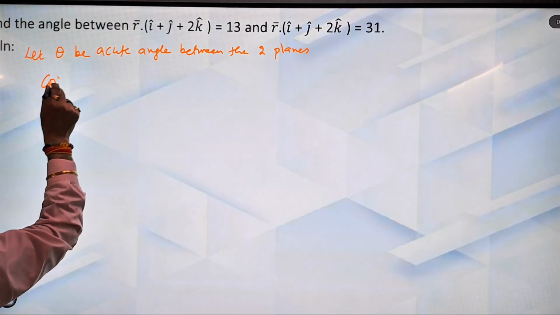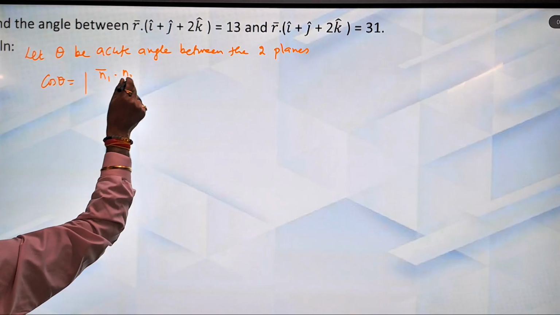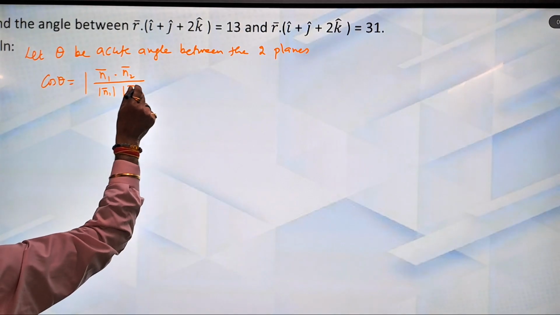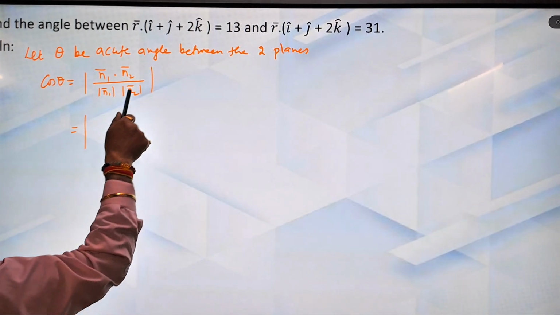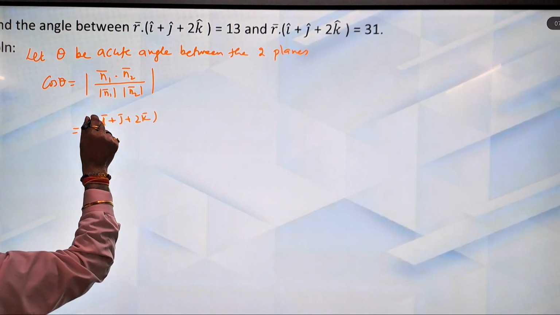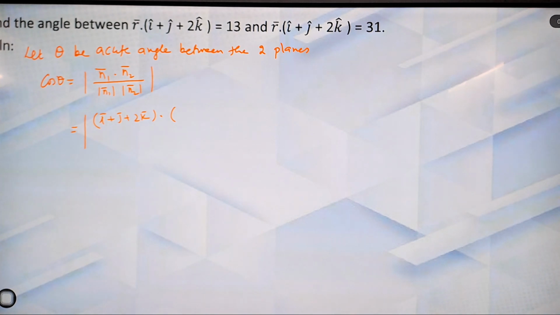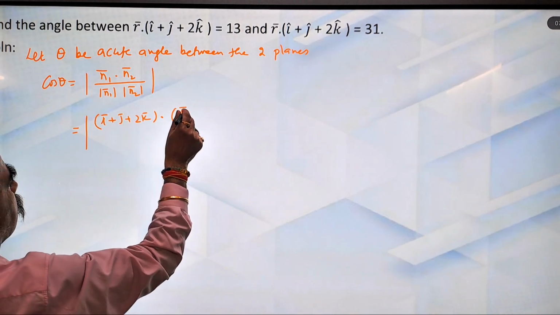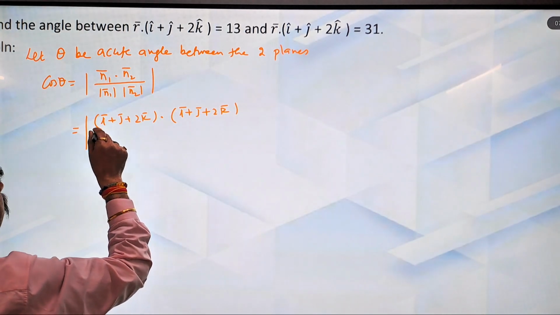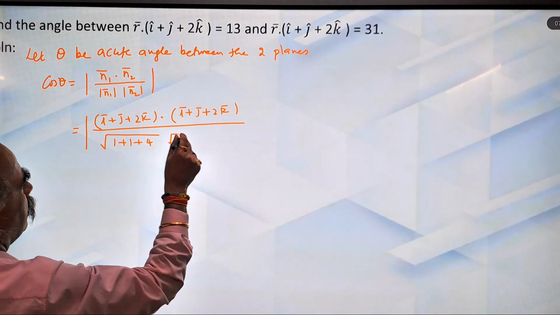So cos theta is n1 dot n2 upon magnitude of n1 bar into magnitude of n2 bar. n1 bar is i + j + 2k, dot i + j + 2k, upon root of 1 + 1 + 4 into root 6.